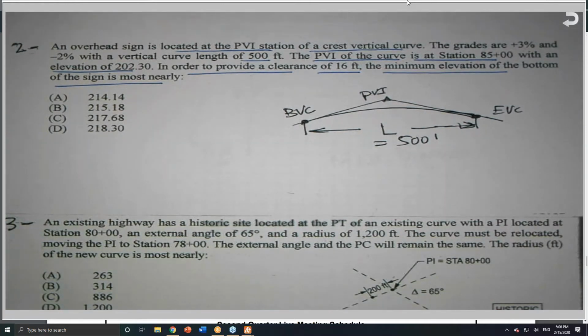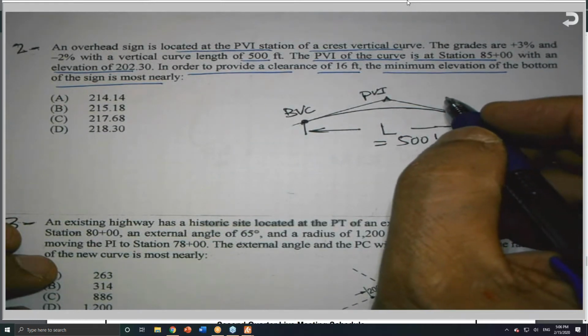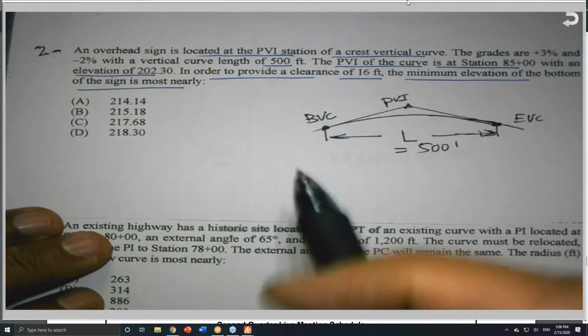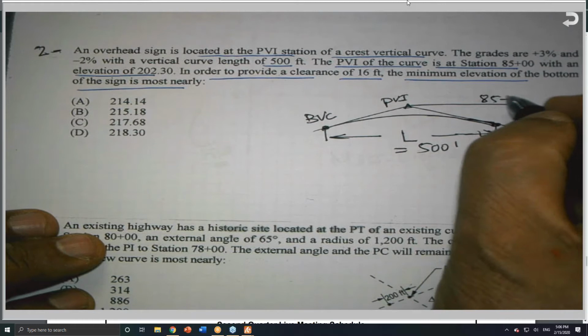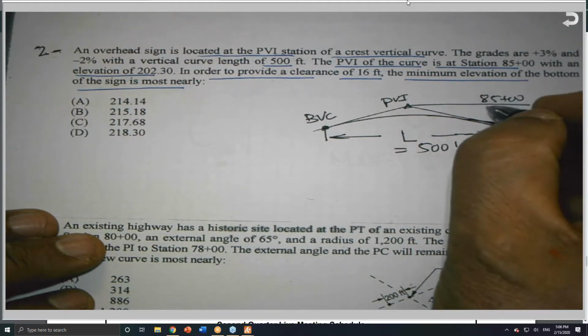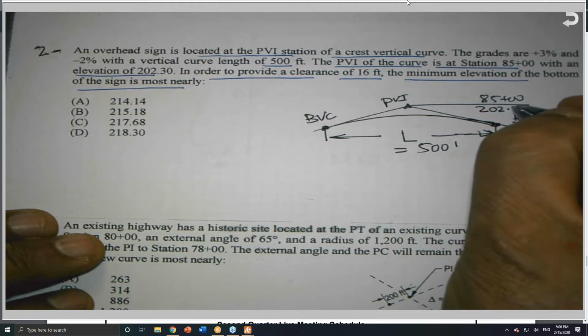And we have a sign, at the PVI first of all. Let me put the information about the vertex. It is at station 85 plus 00, and the elevation here is 202.30.